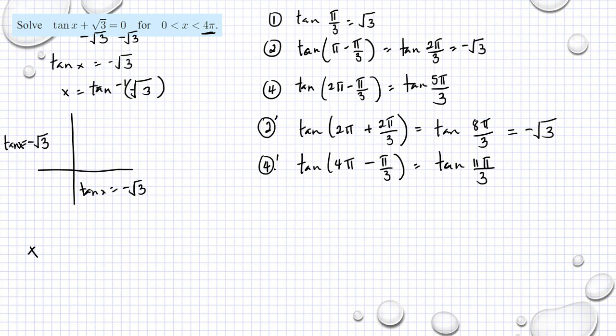So our x now, we have 2 pi divided by 3, 5 pi divided by 3, and then 8 pi divided by 3, and then 11 pi divided by 3.